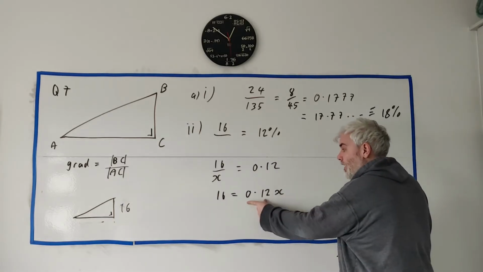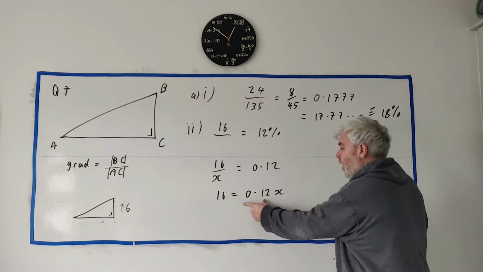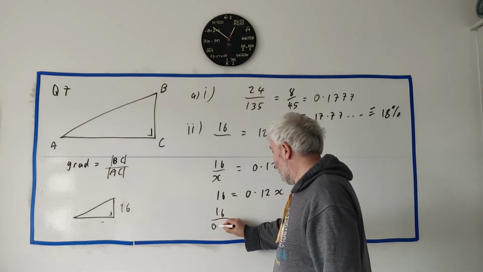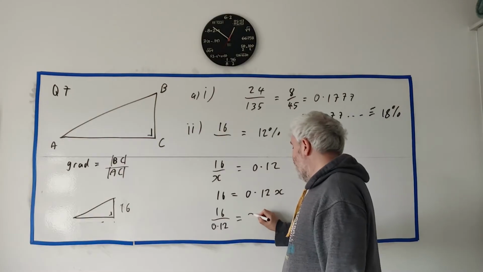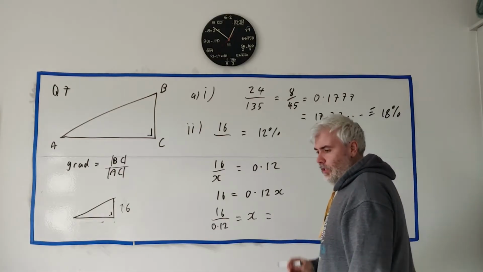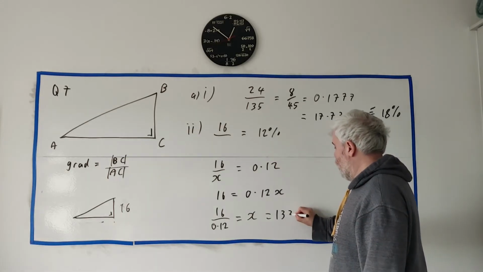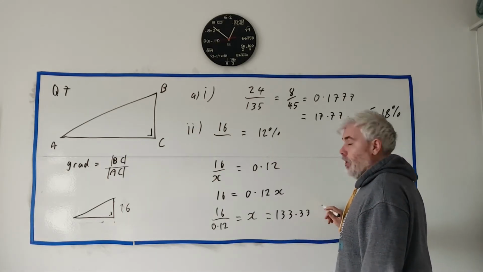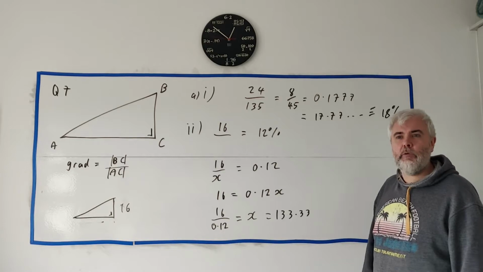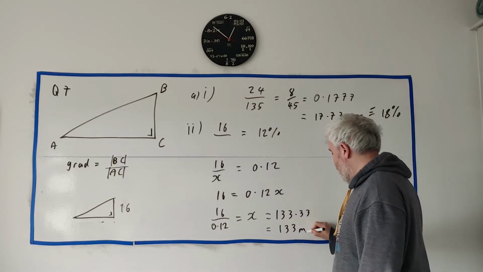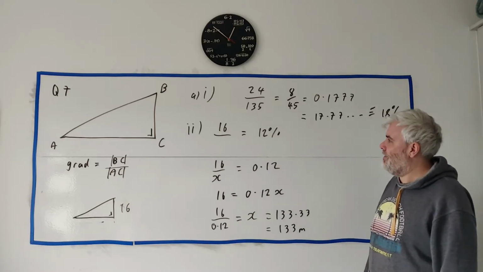We need to get rid of this number now, leave x on its own. We divide both sides by this, we will get 16 divided by 0.12 is equal to x. And we put that into a calculator, we would get 133.3333 continuing on. And they wanted the nearest meter, so 133 meters. Okay, that's the answer to part 2.